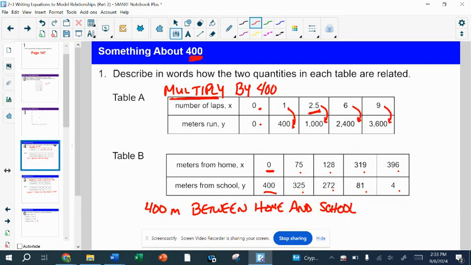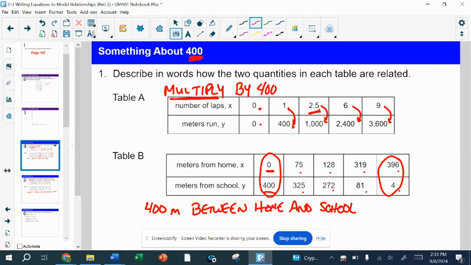For table B, it was 400 meters between home and school. I purposely didn't write this so that it would be easy to see it as an equation. But I know that the total distance is probably easiest to see with these two. The total distance is always going to be 400 meters, because there's 400 meters between the two.